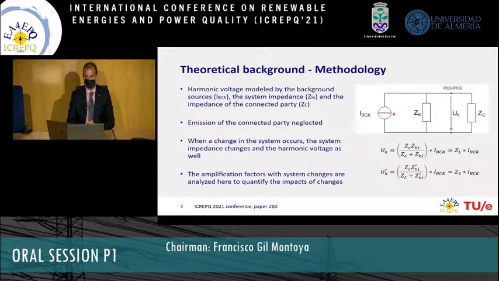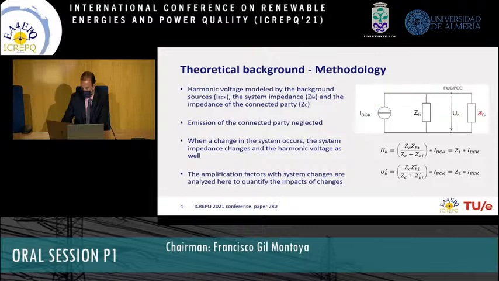Of course, such a model we build for each harmonic individually. And then there is a connected party where there is a monitor at a point of common coupling where we actually can measure the harmonic voltages.